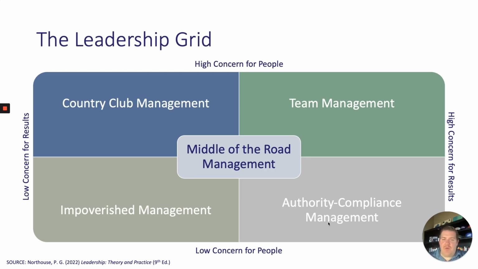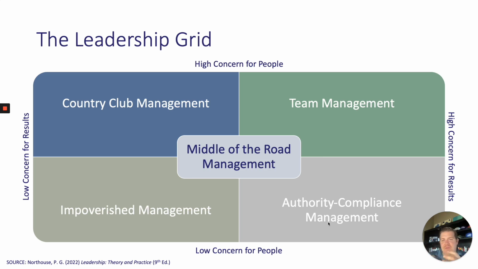People don't really like working in that kind of environment. So according to Blake and Mouton, the most effective form is what we call team management, where you have both high concern for people and high concern for results. And again, Blake and Mouton say that this is the most effective.